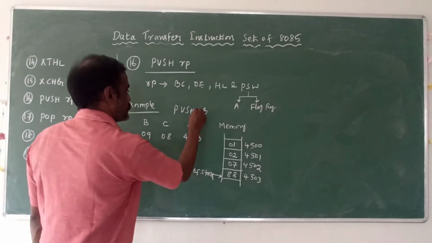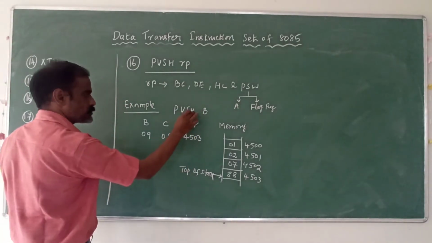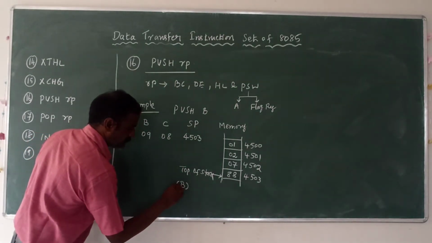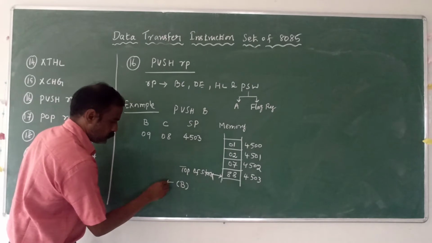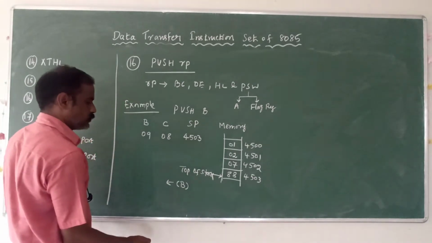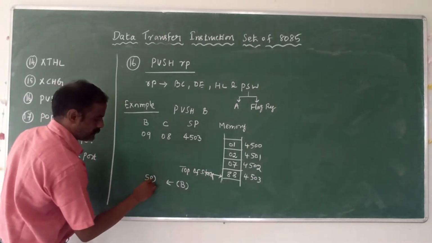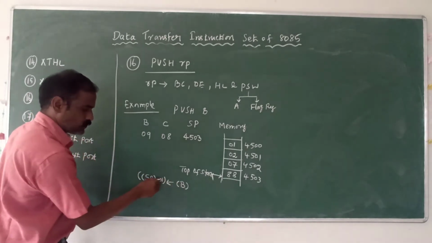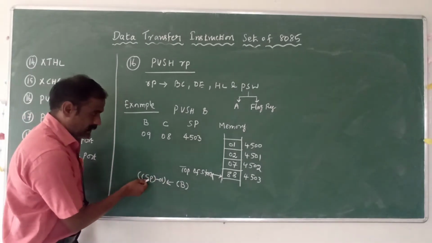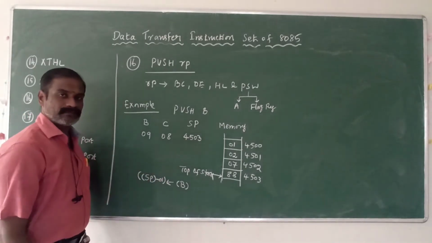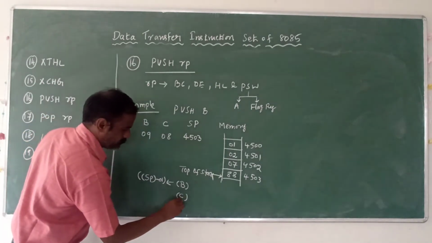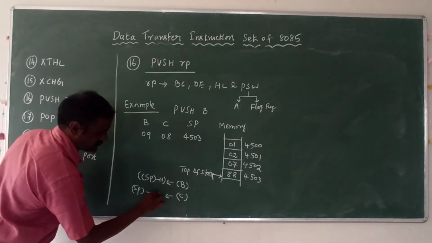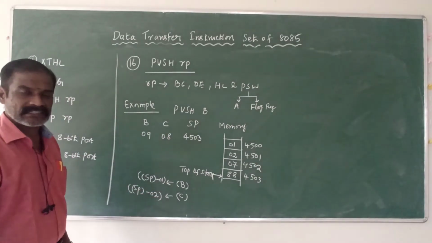Here push B means the B register data is moved to the stack pointer -1 address location, and then the C register data is moved to the stack pointer -2 address.